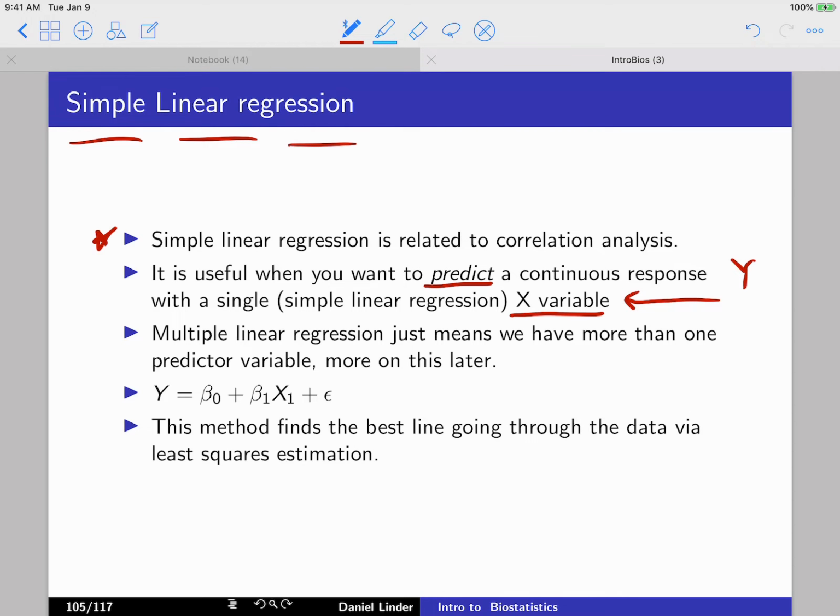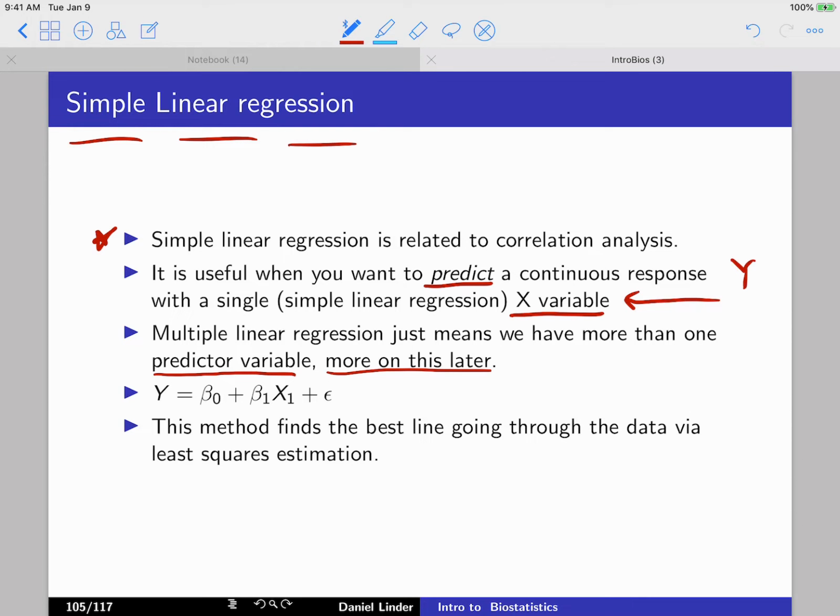It can also be categorical or discrete; you just enter some dummy variables into the model. But right now we're going to look at simple linear regression where X is continuous and Y is continuous. Multiple linear regression would just mean that we had more than one predictor variable. More on this later.